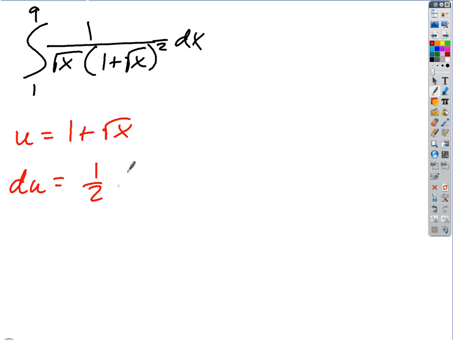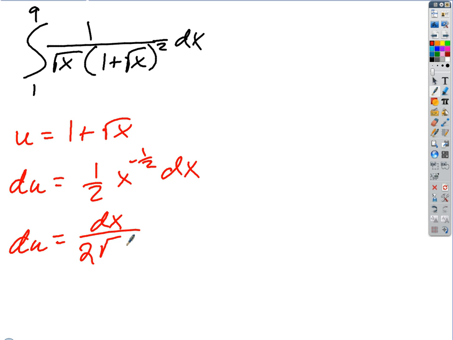1/2 x to the minus 1/2 dx, which we could rewrite as x to the minus 1/2 is what? Okay, yeah, square root on the bottom. So that would just look like dx over 2 times the square root of x. Well, look what we have here. We have a dx over the square root of x, so we have this stuff right there in our integral, right?